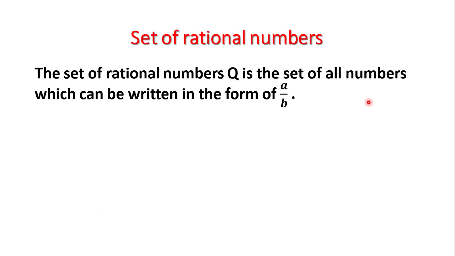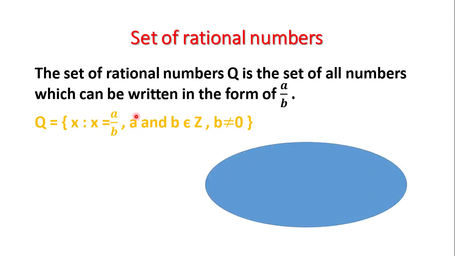Today we want to study a new set of numbers, which is the set of rational numbers. The set of rational numbers means the set of all numbers which can be written in the form of A over B. So we can write Q equals the set of X such that X equals A over B, where A and B belong to Z and B doesn't equal 0.